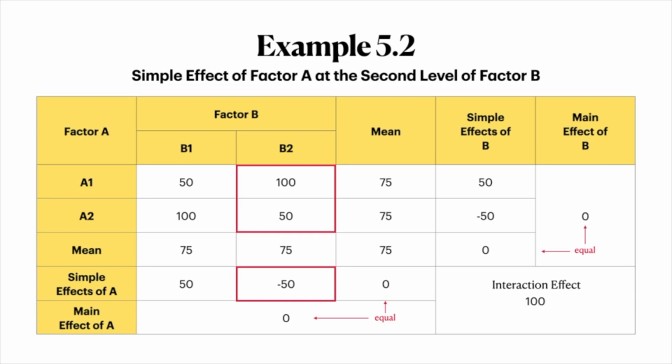So that's a decrease of 50 units. So factor A is impacting the response, even though the main effect of A is 0. All right, in this example, factor A is impacting the response. It's just impacting it in different ways depending upon the level of factor B that we're talking about.